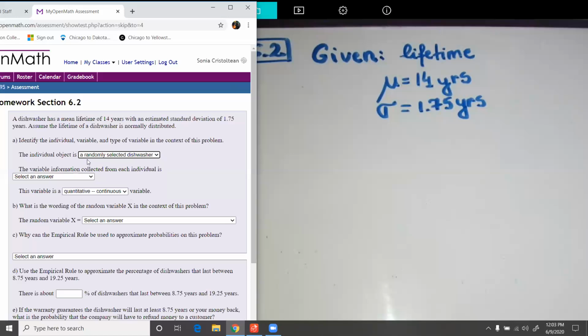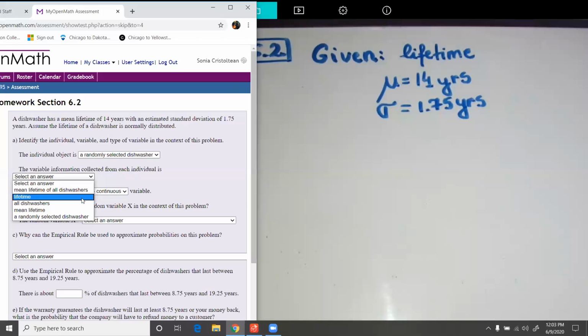This makes sense, for this is an individual object that we collect information from. The variable is the information collected from each individual. In other words, what do we collect from each individual? Well, what we collect from each individual is the lifetime.